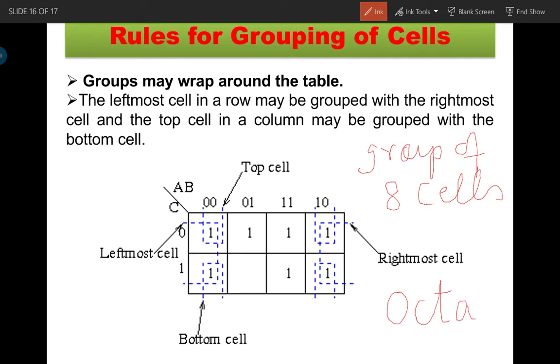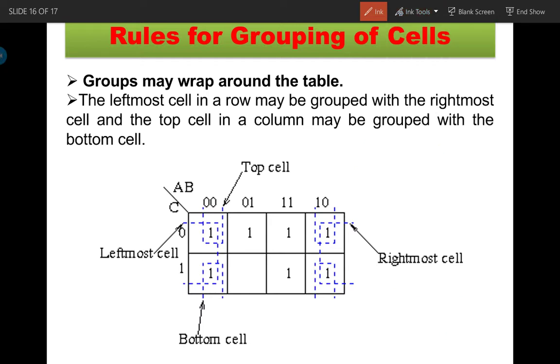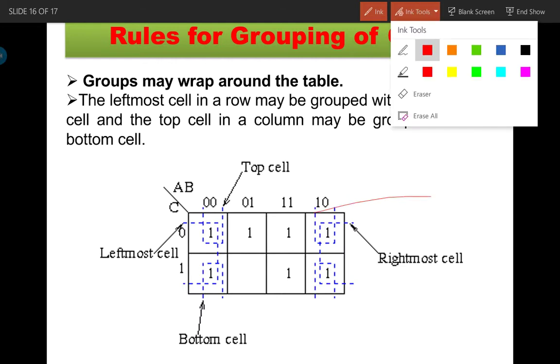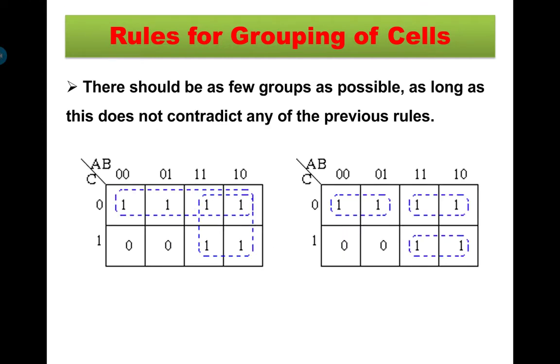Okay, so group of 4 cell is known as a quad group, and group of 8 cell is known as a octagroup. Right, so these are all the possibilities, or these are all the rules available for grouping.